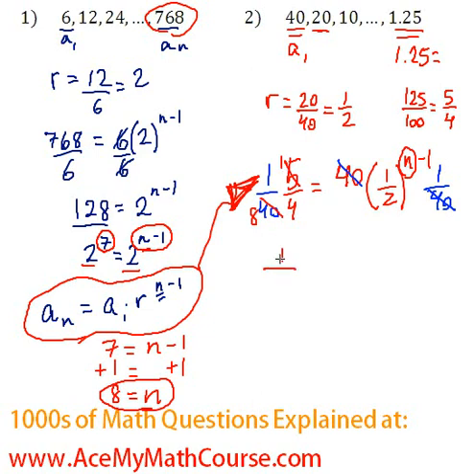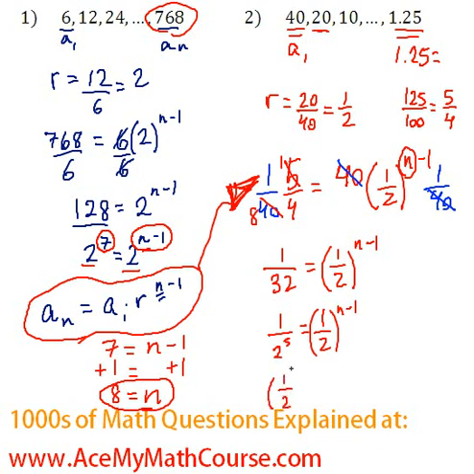So we just get 1 over 8 times 4, 32, right, because we multiplied the bottoms. 1 times 1, 1. 8 times 4, 32. Equals a half to the power of n minus 1. And 32, remember that 32 is just 2 to the power of 5. So I can rearrange this fraction and say that we have a half to the power of 5 is equal to a half to the power of n minus 1.